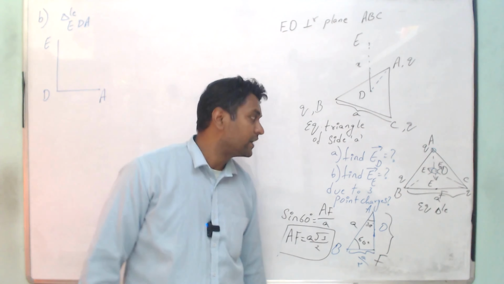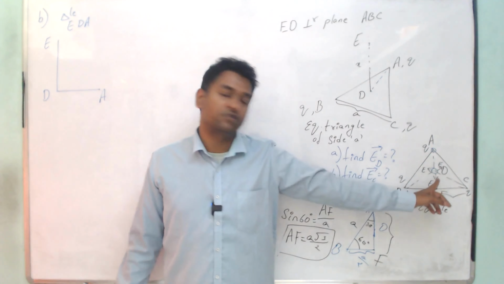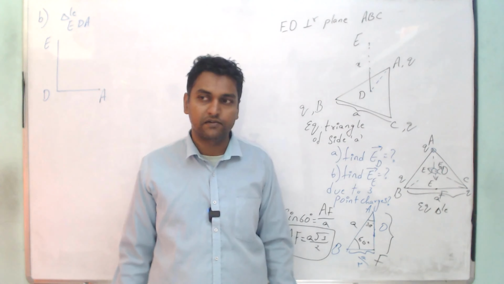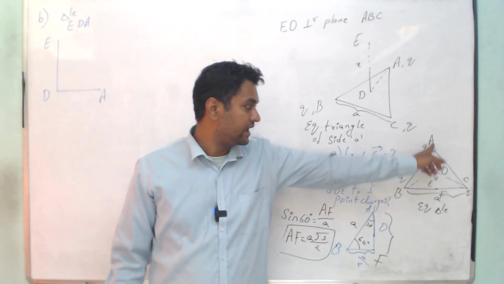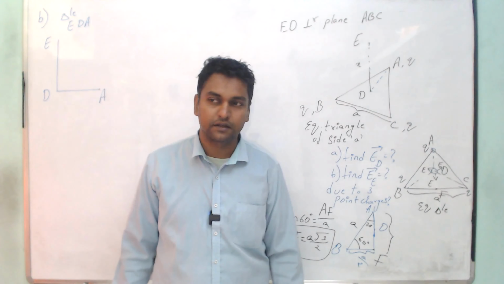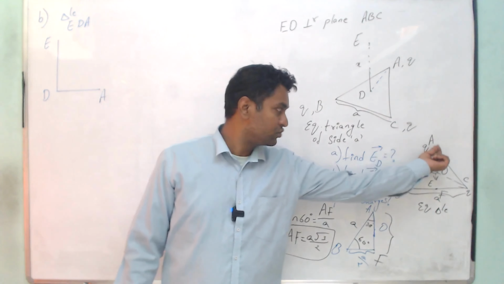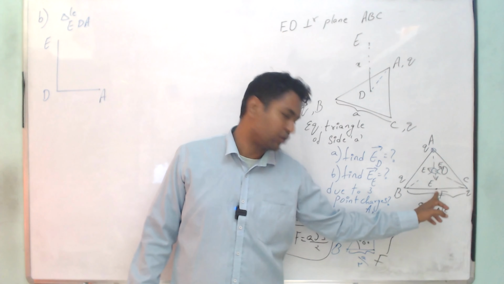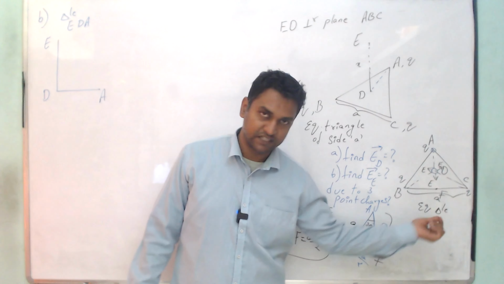I want to find the distance between the center of the equilateral triangle and the vertex, that is AD. What did I do? I extended my AD. It touched BC at point F.